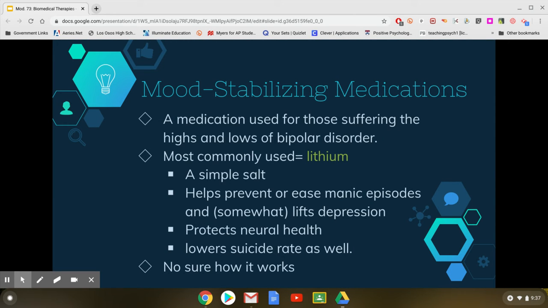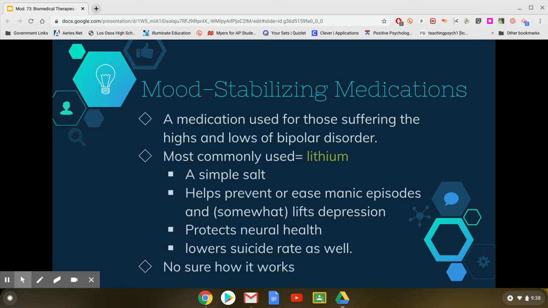The next type of medication we're going to look at are known as mood stabilizing medications. The idea of mood stabilizing should tell you that they're used primarily to treat things like bipolar disorder. The most commonly used mood stabilizer is lithium, which is actually a salt. This is one of those medications where we're not sure exactly how it works.